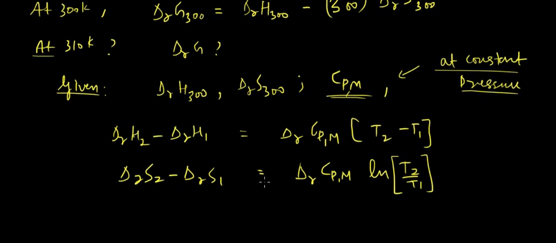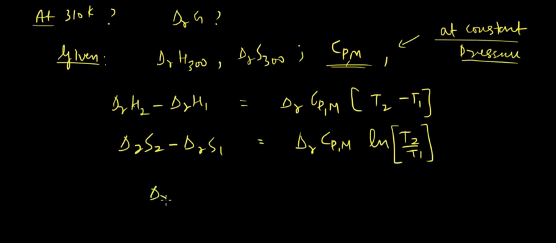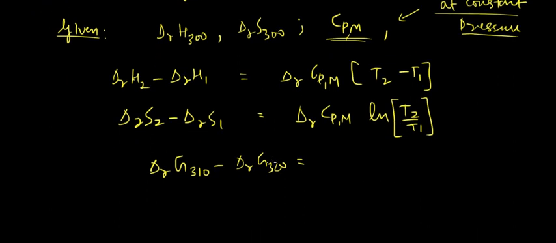Okay, so similarly we can write delta R G310 as delta R H310 minus 310 delta R S310.